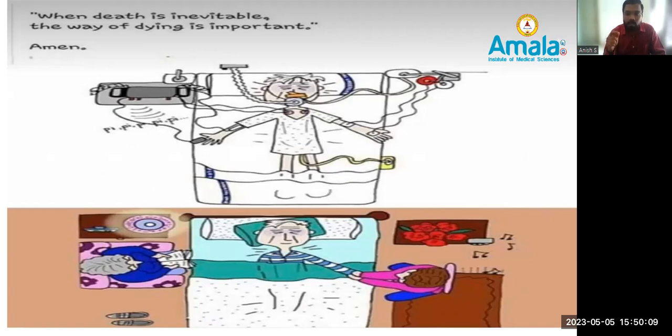So it is important to pick up memory problems at the earliest, so that we can look at whether there are reversible factors which can be treated and the dementia becomes reversible. But commonly the term dementia, especially among common people, is used for Alzheimer's dementia. Alzheimer's dementia is a neurodegenerative disease.